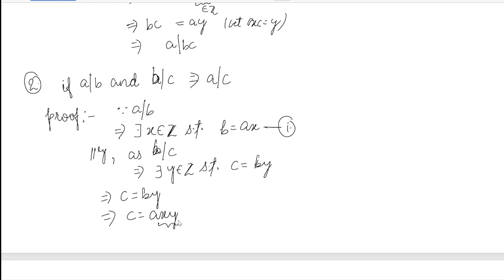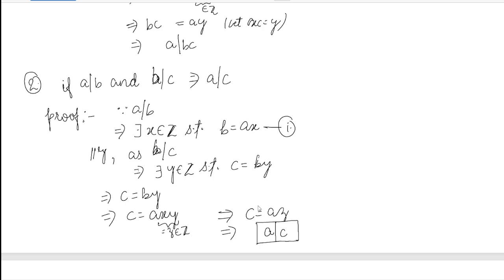We say xy is equal to z, and z belongs to set of integers. This implies c is equal to az, and by the definition a divides c. Hence proved: if a divides b and b divides c, then a divides c.